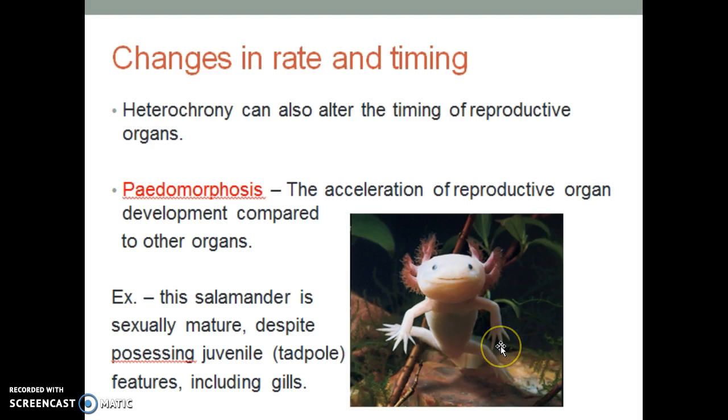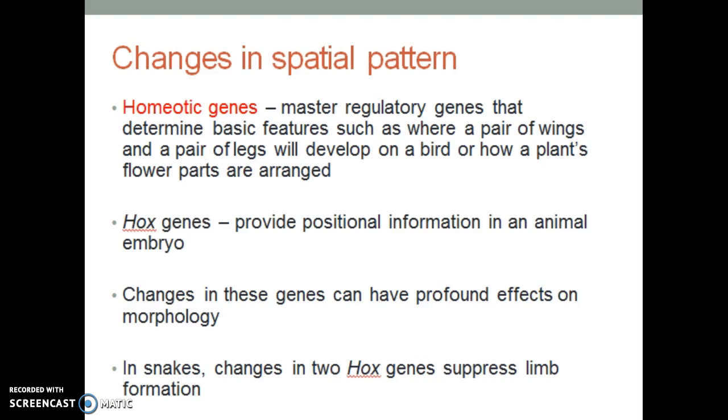You can also, not so great, but you can kind of see that he has that tadpole tail, which is not a characteristic of mature salamanders, but it's still there because he grew into his mature form, sexually I should say, relative to the disappearance of these juvenile features. That's paedomorphosis.